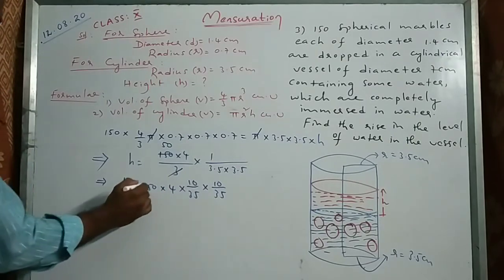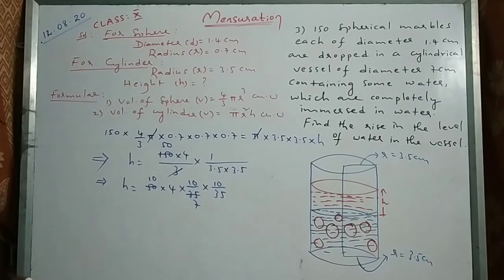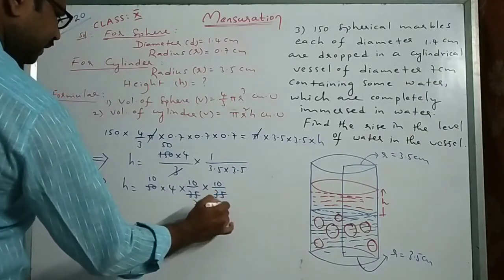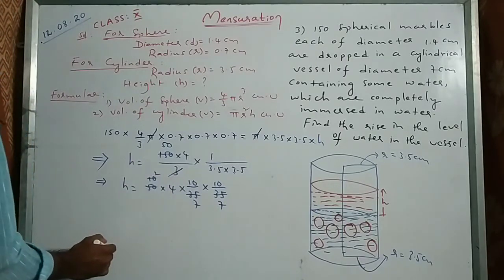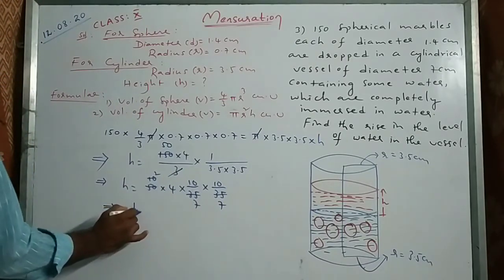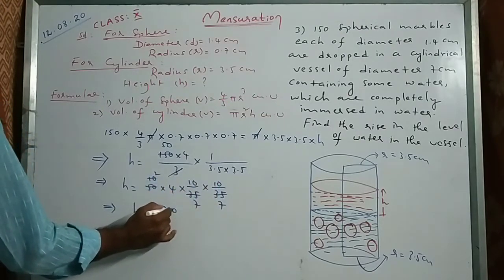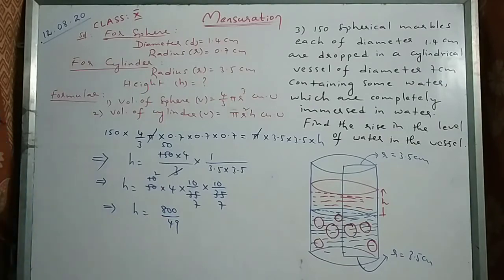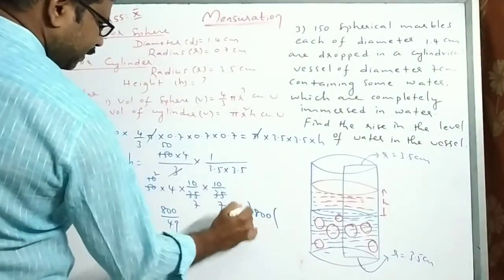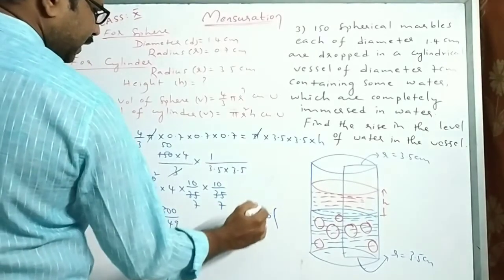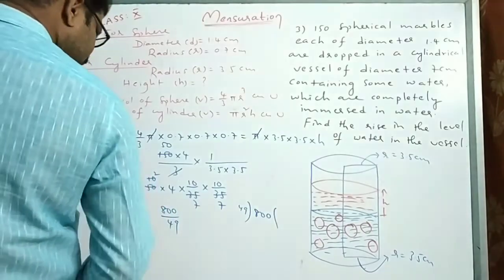Then h equal to 10 tens are 100, 100 eights are 800 upon 49. So 800 divided by 49.